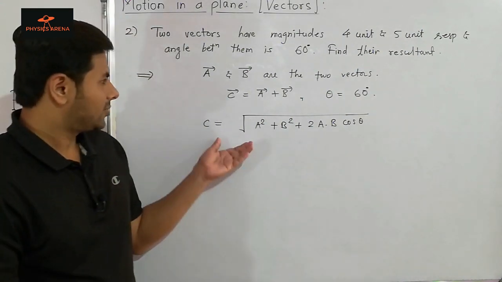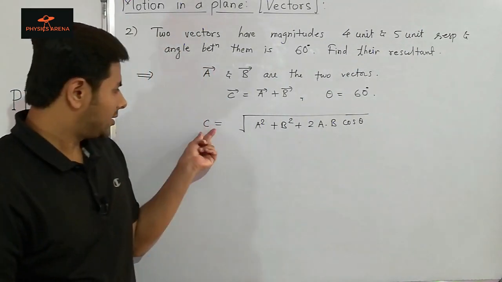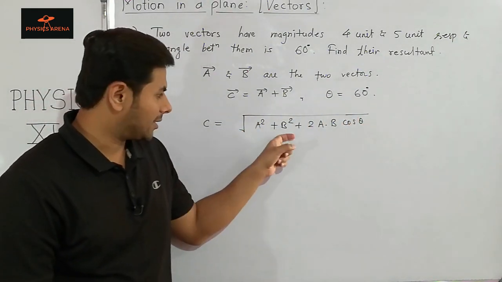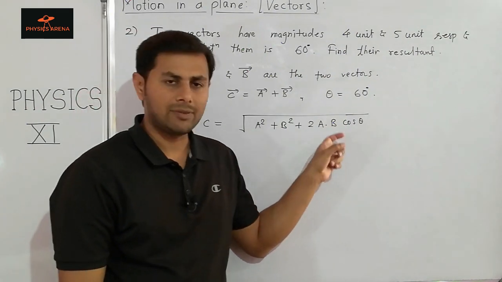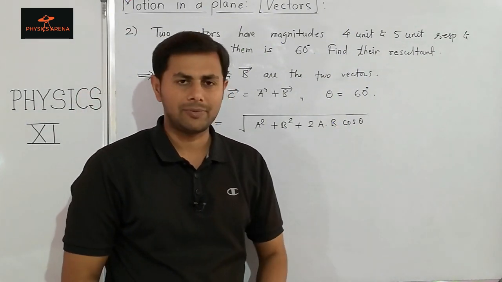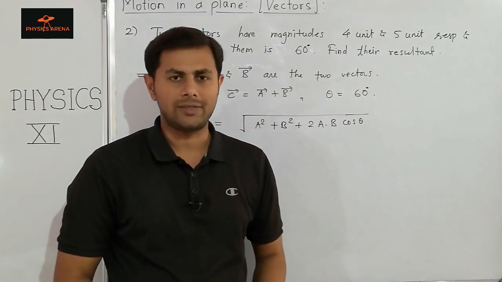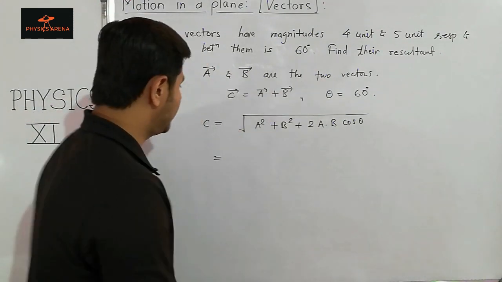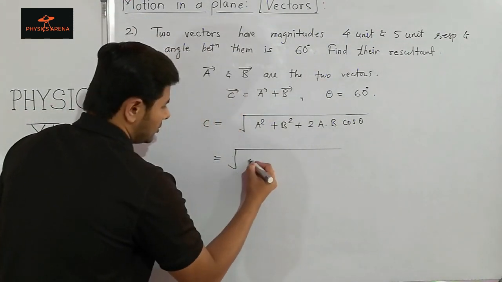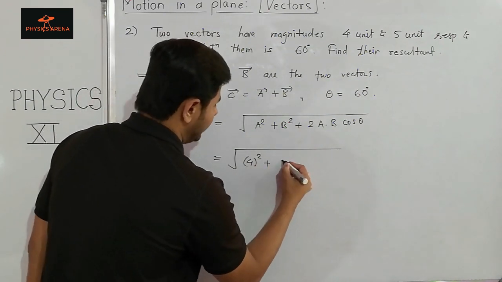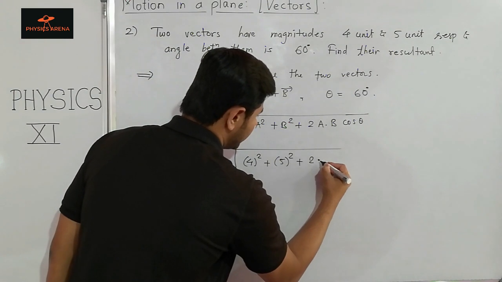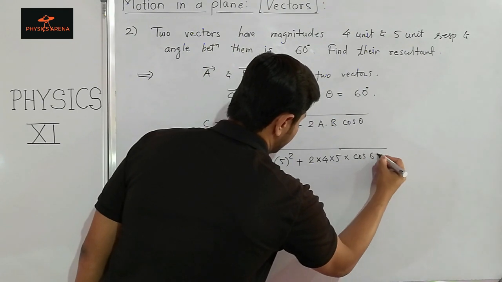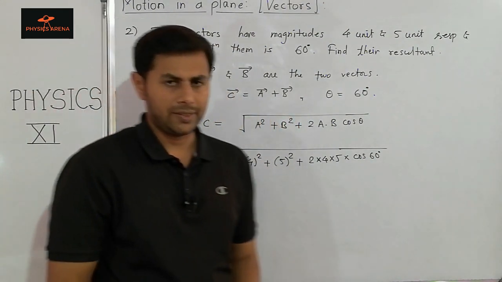Okay, so this is the parallelogram law. Resultant magnitude is equal to the square root of magnitude squared of the first vector, magnitude squared of the second vector, plus 2 times the magnitude of the first into the magnitude of the second vector multiplied by the cosine of the angle between the two vectors. Now we just have to plug in the values 4 and 5. So 4 square plus 5 squared plus 2 times 4 into 5 multiplied by cosine of 60, and cosine of 60 is 1 by 2.